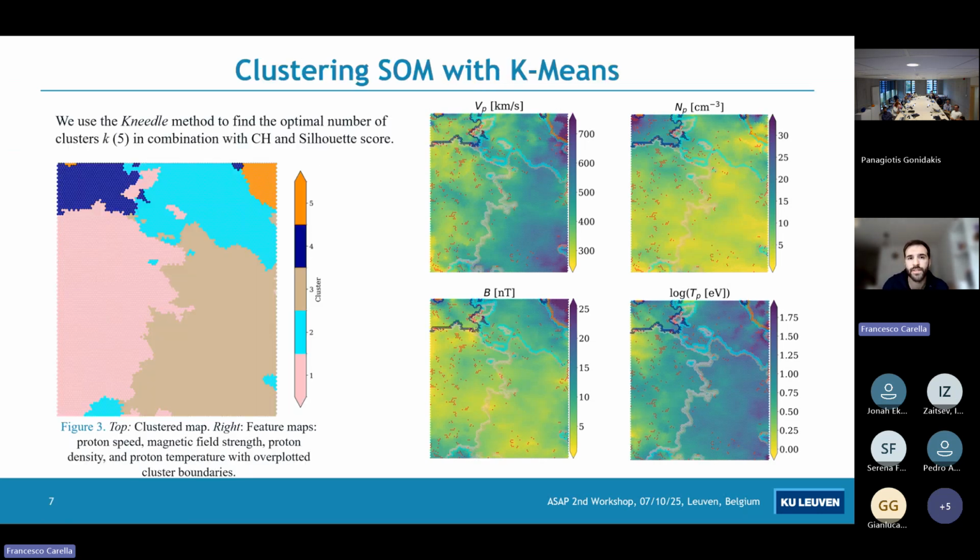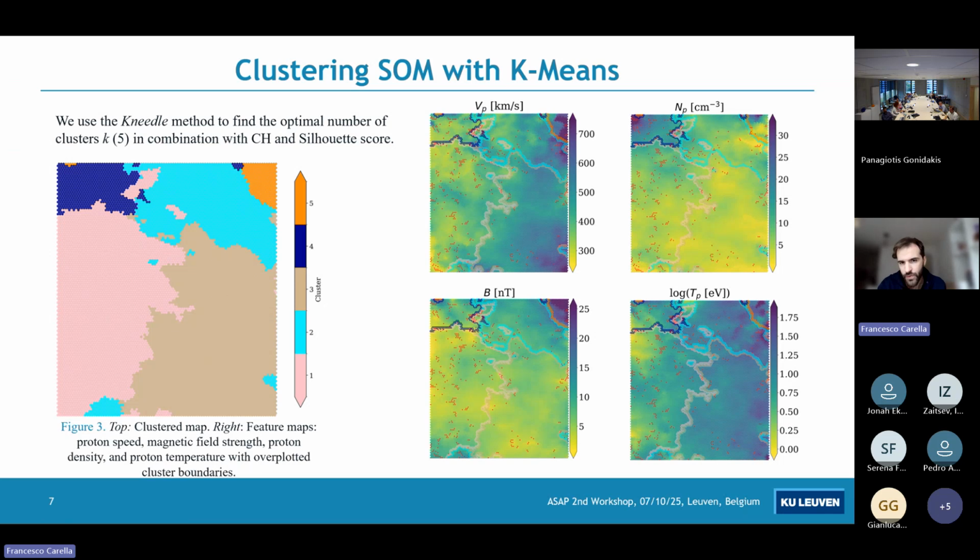What are those states according to k-means? So we cluster with k-means, and we have 5 clusters as the optimal number of clusters. As you can see, there are more reconnection events in the pink cluster, which is also the cluster with low solar wind speed, higher density compared with the brown cluster, and low temperature.